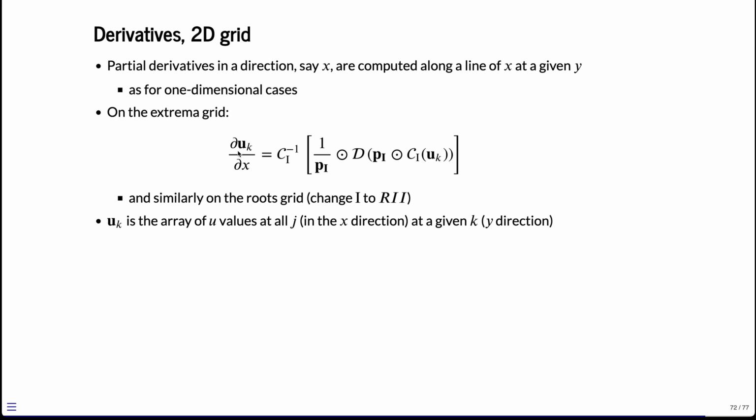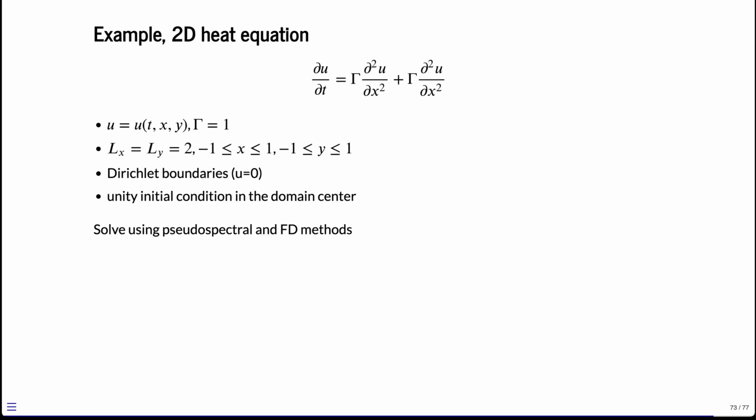So du/dx would be the array of u values at all the j in the x direction at a given single k direction, and we can just use this. This is basically the same as it was in 1D. If we're doing du/dx, we just consider all the points along x for a given y. And similarly, if it's du/dy, we look at all of the points in y at a given xj. So pretty straightforward to do those 2D derivatives.